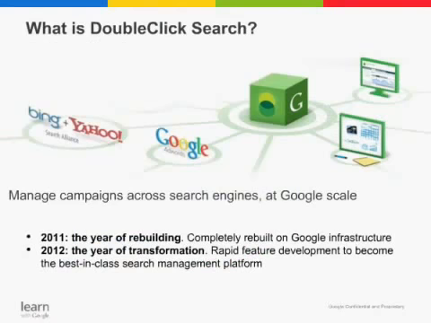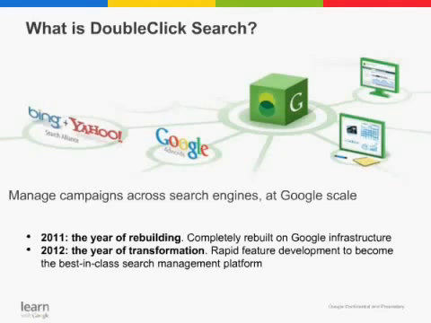So let's talk about what DoubleClick Search is exactly. DoubleClick Search is a tool that helps you manage your search campaigns, offering campaign management, reporting, and keyword bidding features across all your engine accounts, all in one easy-to-use interface.